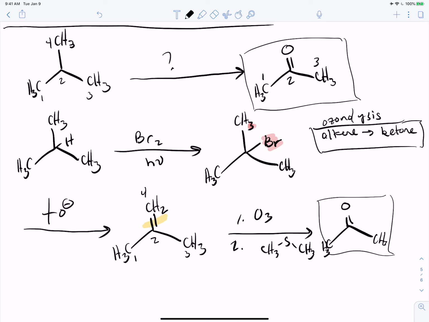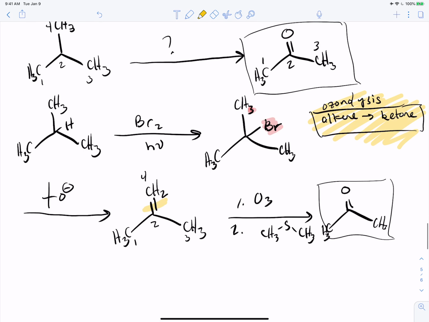Okay? So if you're breaking carbon-carbon bonds, you're almost definitely going to use ozonolysis to do it. Just like if you're forming carbon-carbon bonds, you're almost definitely going to use the alkylation of the acylium ion, whatever, the deprotonated alkyne. And so you can use those to your advantage, right?